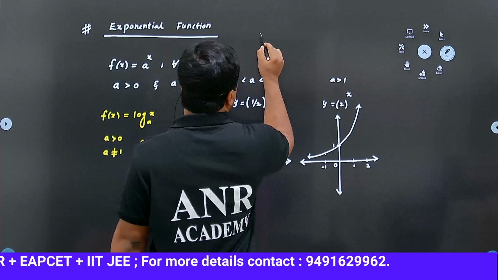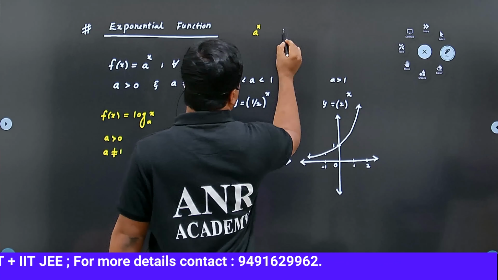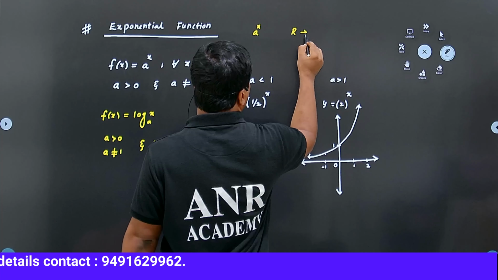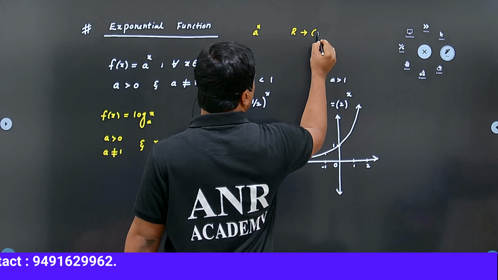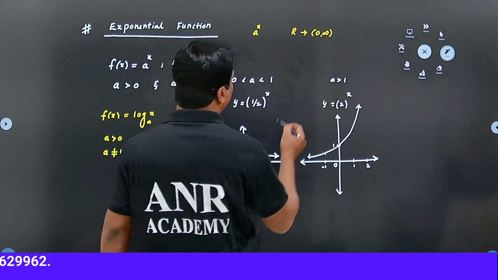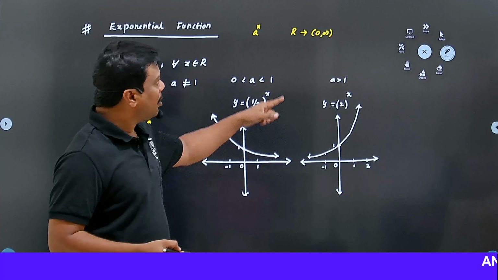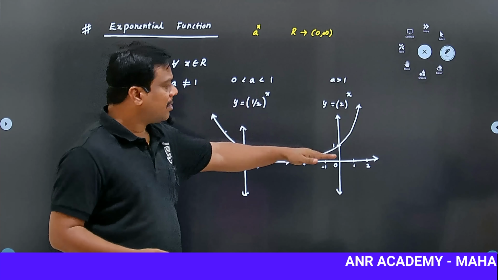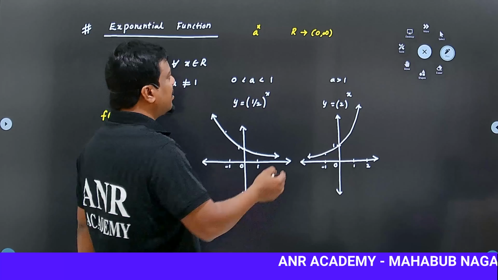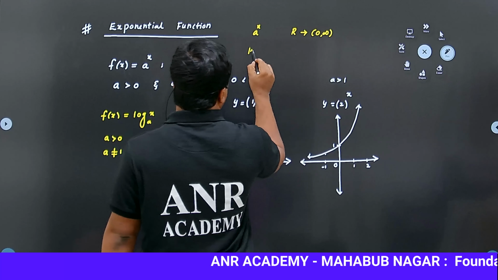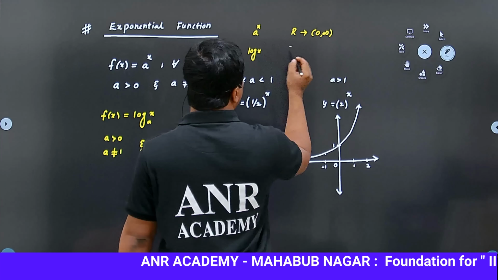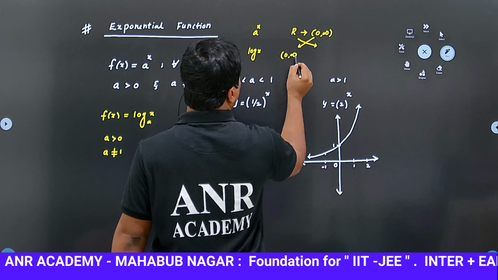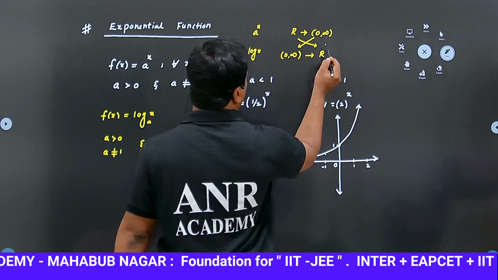Exponential function a power x is defined from the set of all real values, and it gives output in the open interval 0 to infinity. Input is the set of all real values, domain R, but output is entirely positive. The graph is entirely above the x-axis, so the output is 0 to infinity. And for logarithmic function, since it is the inverse of this, the domain should be 0 to infinity and output should be the set of all real values.